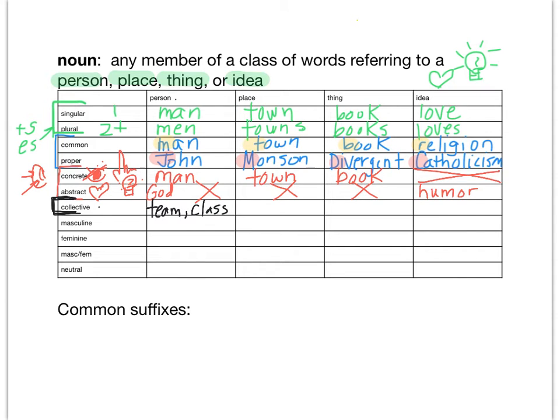The next one, a collective place, that's not as common. But let's say we have a bunch of houses in one area. I might call that a neighborhood. Or another collective noun for that might be called a community, because it's many places together that have one name.